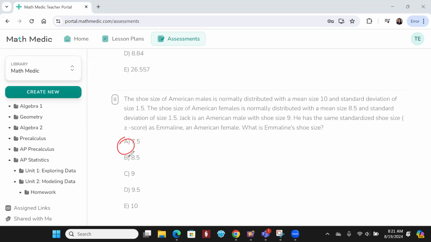You have to be able to interpret percentile, calculate the median lifespan of something, find the z-score, use the empirical rule. What's the empirical rule?